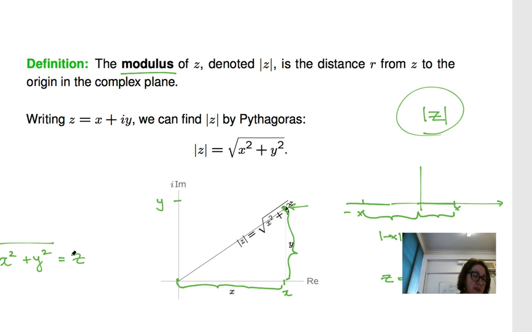So the modulus of z is given by the square root of x squared plus y squared.